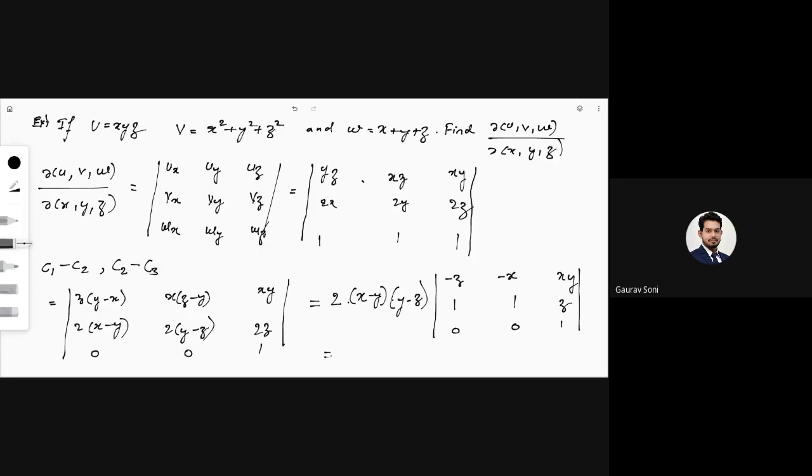Now it is actually easy. So z into something you will get. So finally it is 2 times x minus y, minus z, the third will be x minus z. Fine. Any problem up to this?